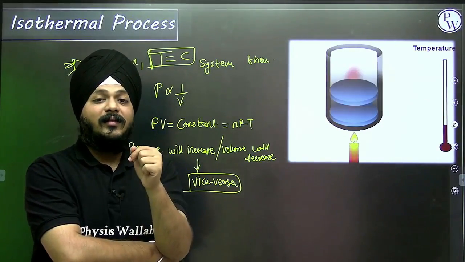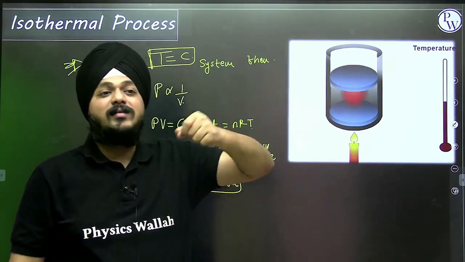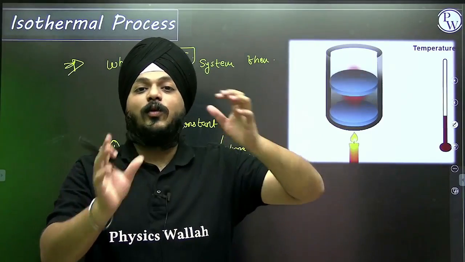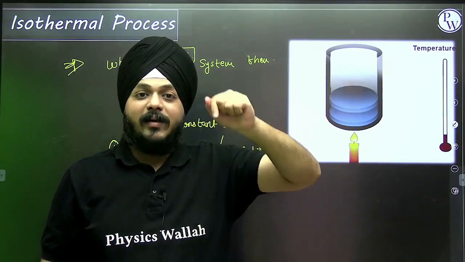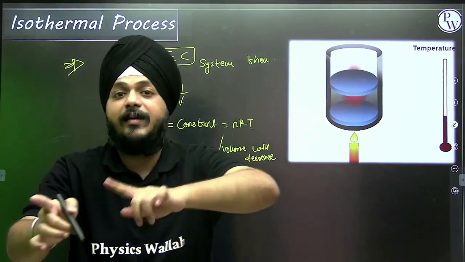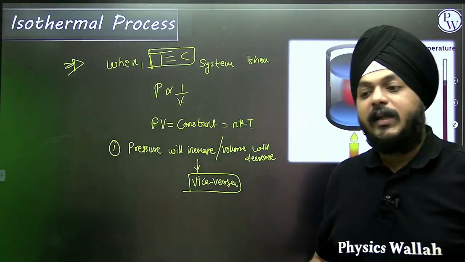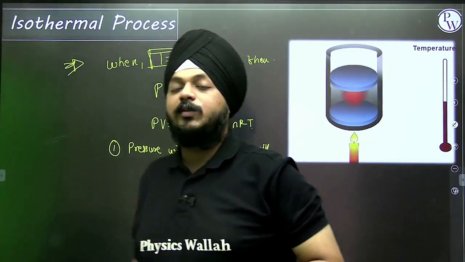Here I'm not saying that because of the temperature difference the heat is flowing between the two objects, but we are talking about the heat supply from some other source. That is the difference. Students always get confused between these two points.